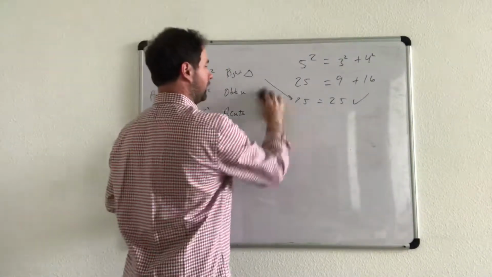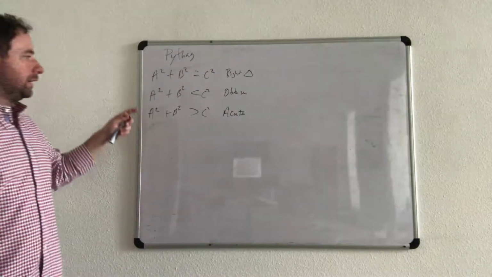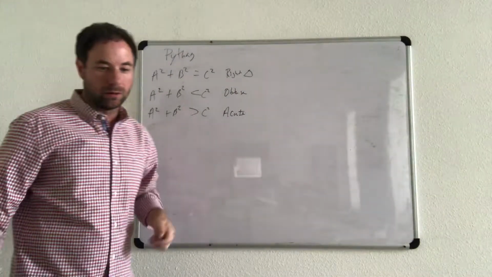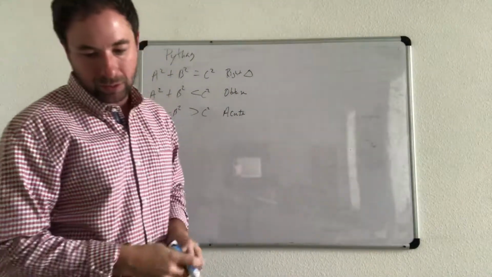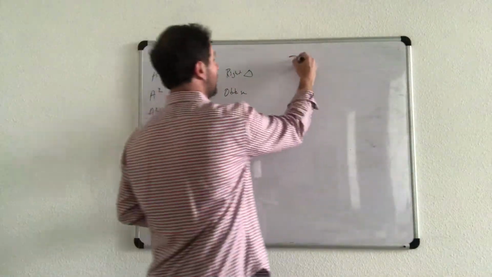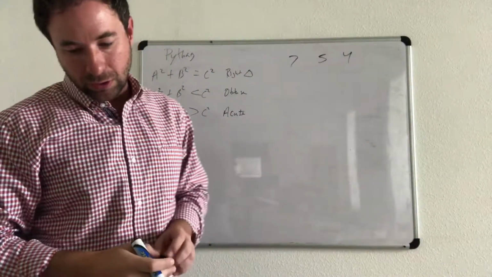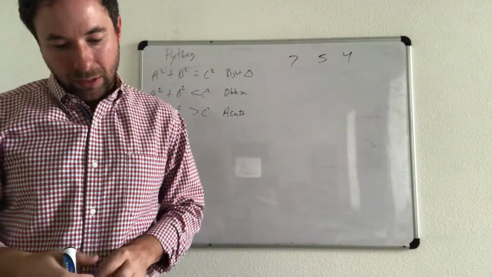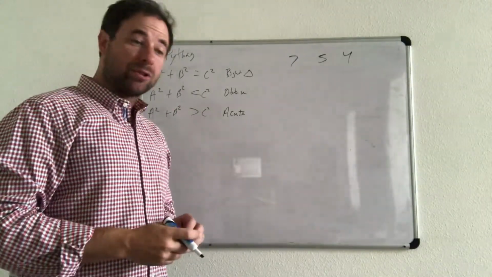But one of the things that we will learn and look at in this lesson is triangle inequalities. They'll give you something like 7, 5, and 4, and they will ask you to figure out, is this triangle a right triangle, an acute triangle, or an obtuse triangle?